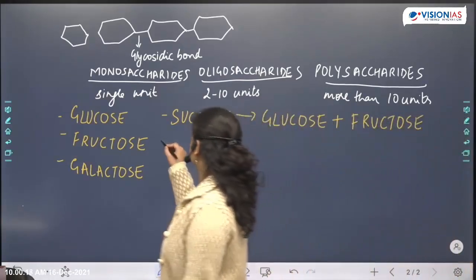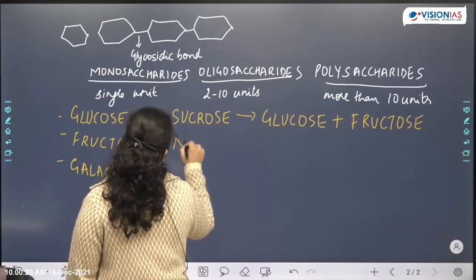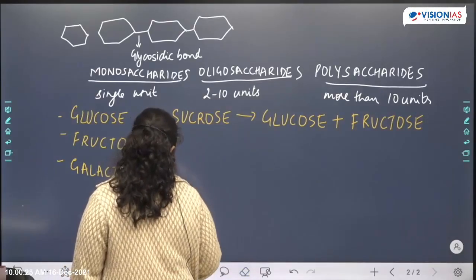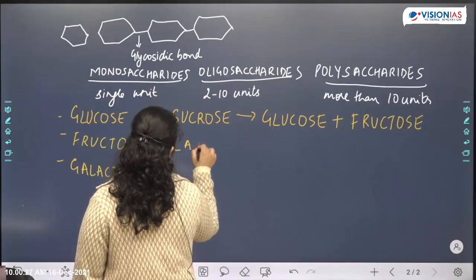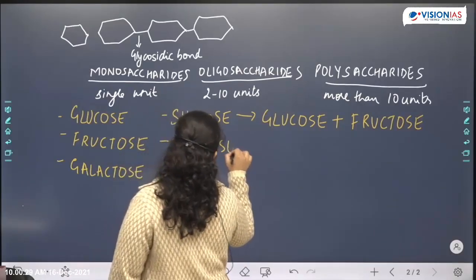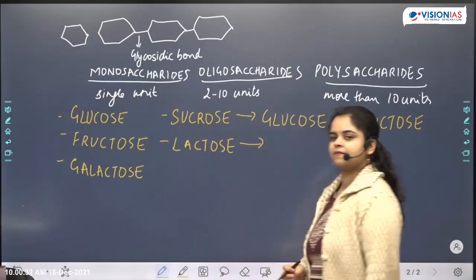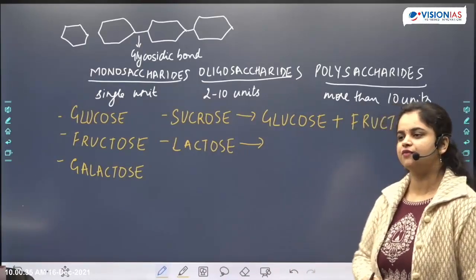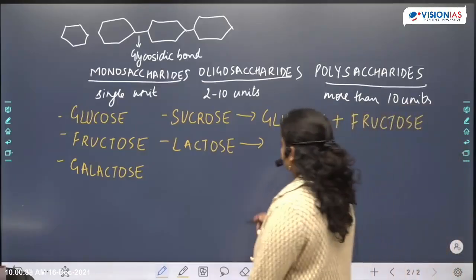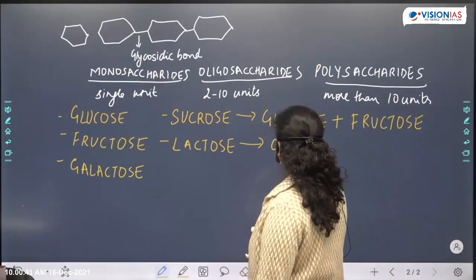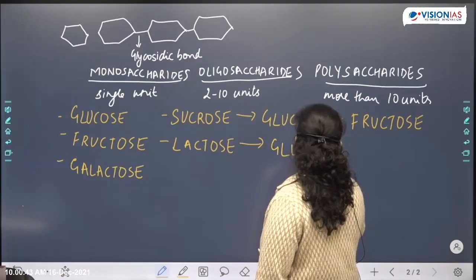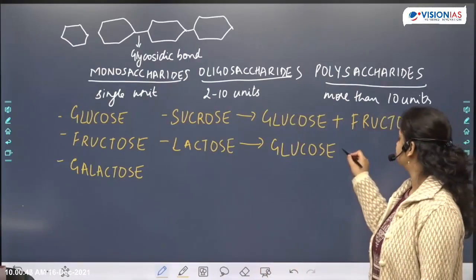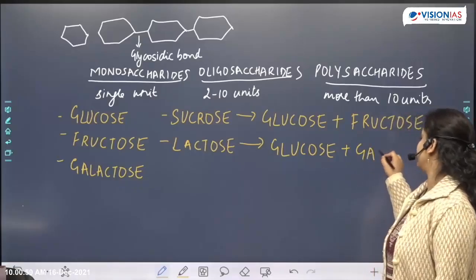Then we have lactose. I'm sure everybody has heard about lactose. Lactose is the milk sugar, the sugar found in milk. So we have glucose plus galactose.